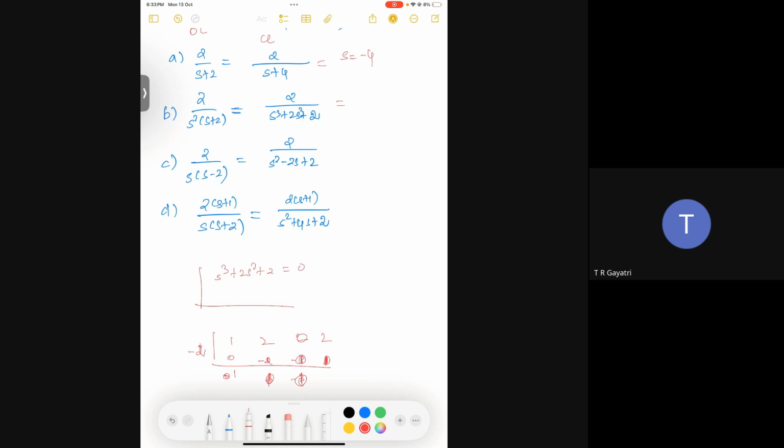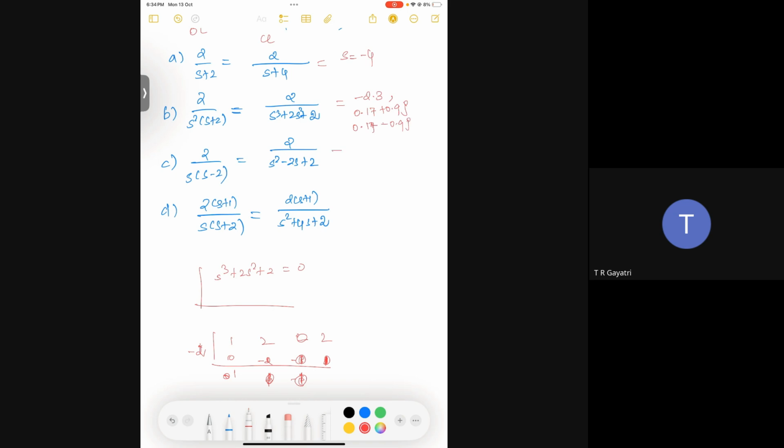You can use a calculator if you want. Okay, when I found it, it was something like this: minus 2.3, 0.17 plus 0.9j, 0.17 minus 0.9j.